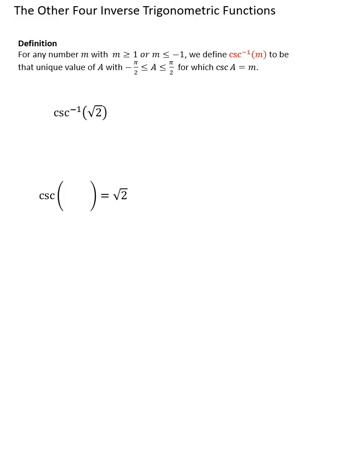I have to find some arc length, the cosecant of which is radical 2. In other words, whenever you're being asked an inverse trigonometric function, you want the regular trigonometric function to equal that argument. And by definition, we have to find something in between negative pi over 2 and pi over 2.